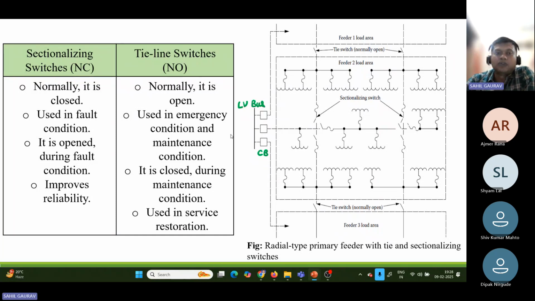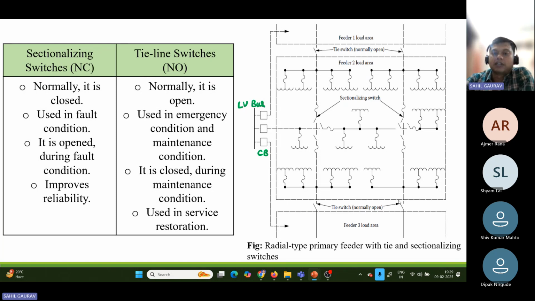Now here we have to understand the working of sectionalizing switches and tie line switches. Sectionalizing switches are present over these lateral points for the connection of different laterals or feeders. And tie line switches are present over here.